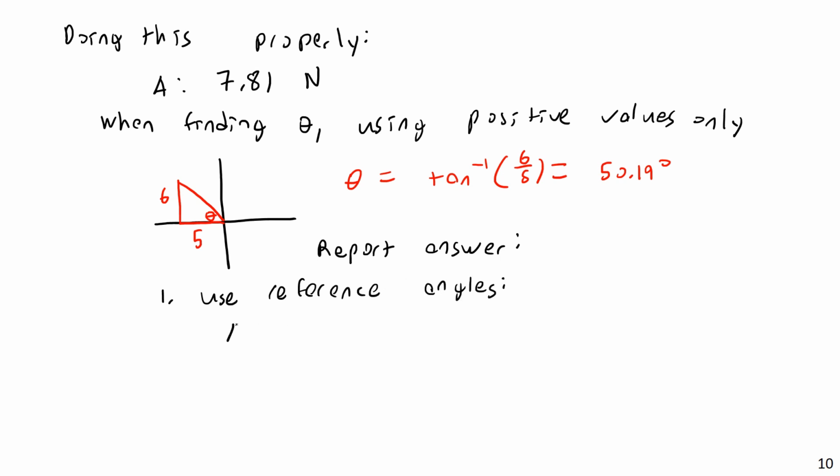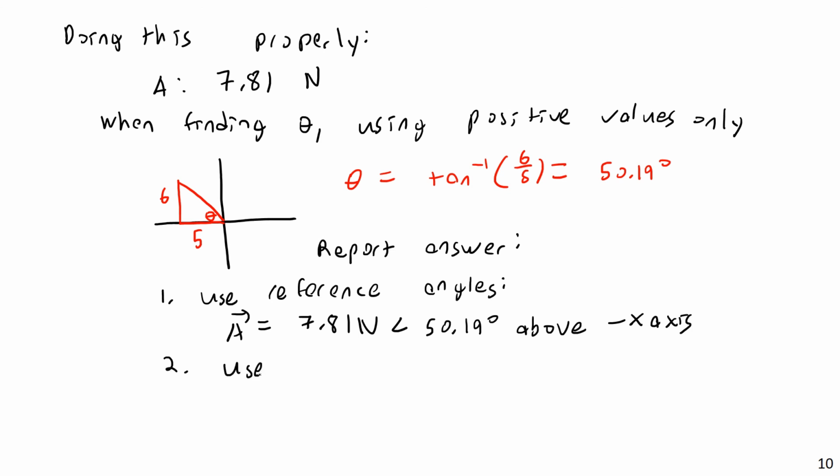I could say vector A is equal to 7.81 newtons at an angle of 50.19 degrees above the negative x-axis, or I could use absolute or global angles, or standard form, or whatever you want to call it.